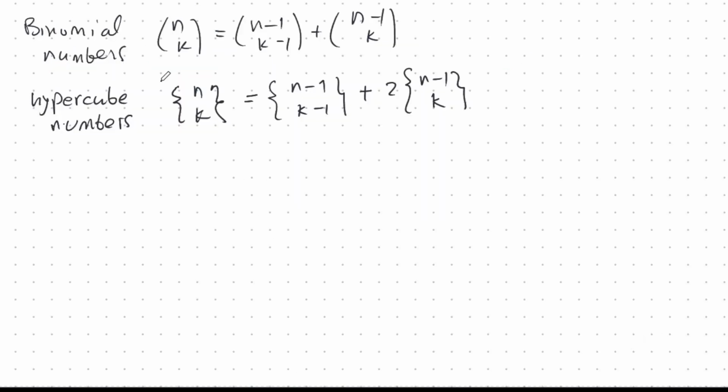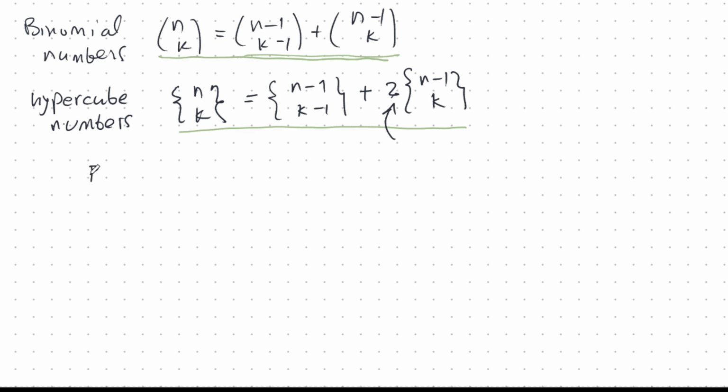The binomial numbers have this fundamental recursion relationship, and our hypercube numbers have a very similar relationship. The only difference is this 2 here. So we should be able to express the hypercube numbers in terms of the binomial numbers.